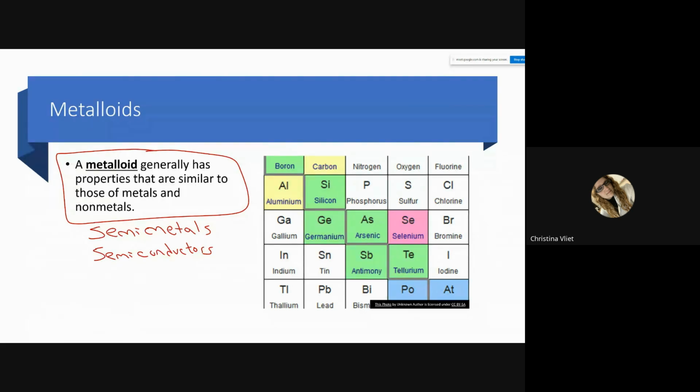Which of the following is a chalcogen? A chalcogen. I just looked at it. Chalcogen. Chalcogen.